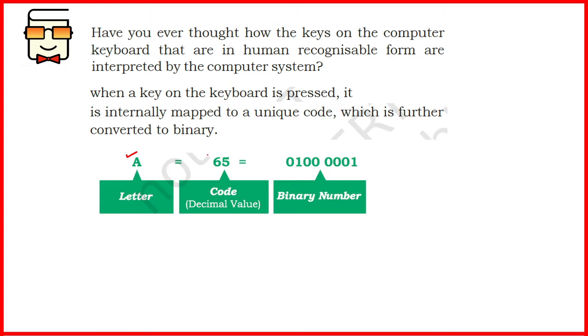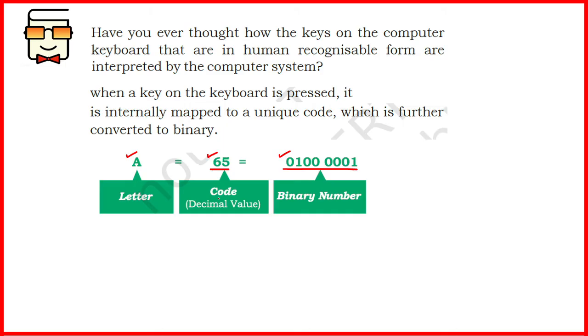So for uppercase A, the unique code that represents this symbol is 65, and this 65 will then be represented like this in the binary form for the computer to understand that the user intended to type capital A. So how this particular code is assigned to capital A and how did we get this binary representation? This is what we are going to study in this chapter.